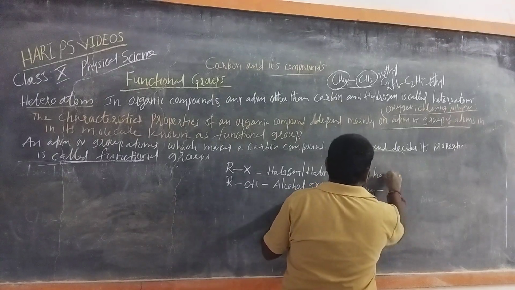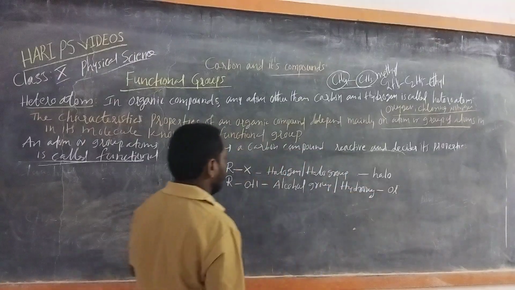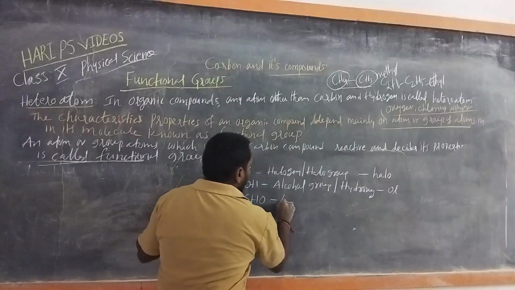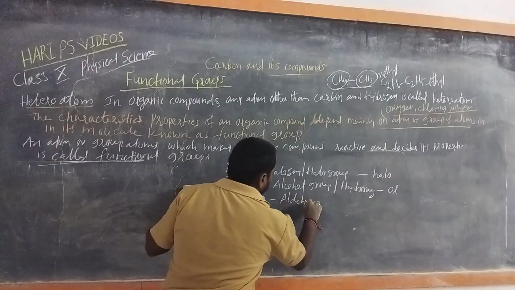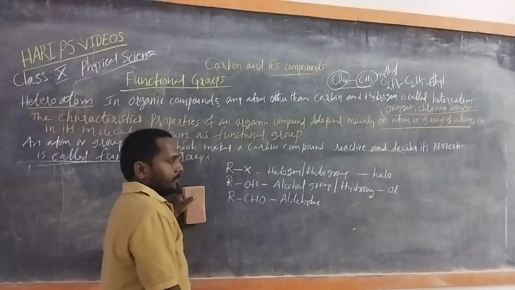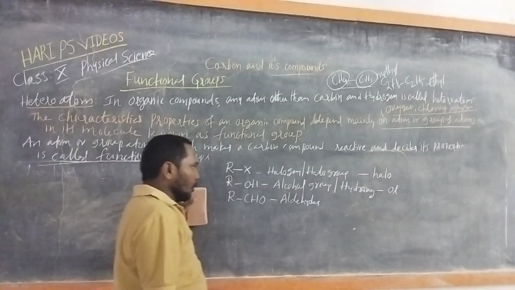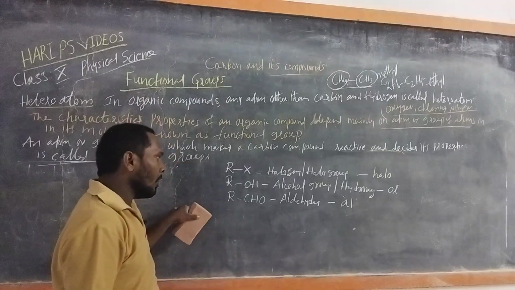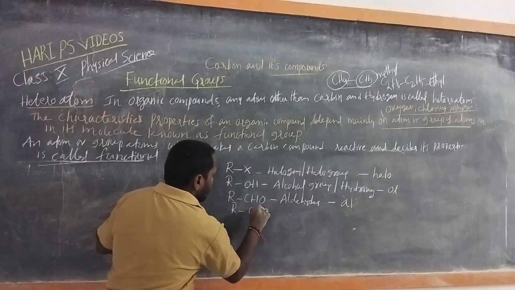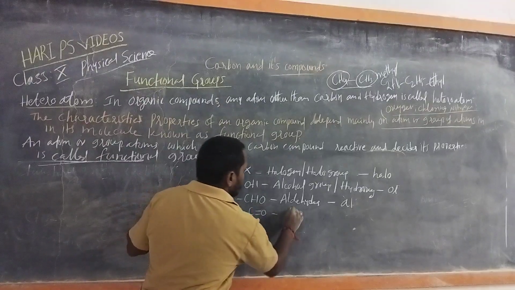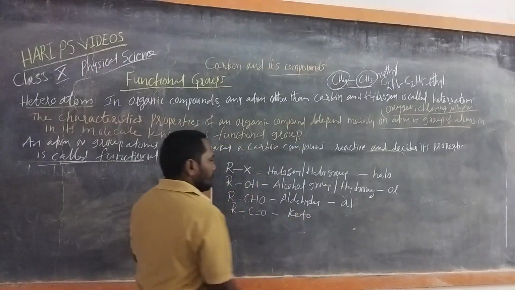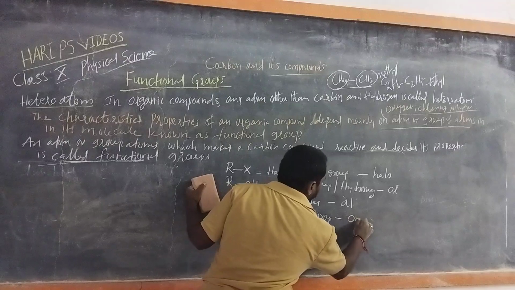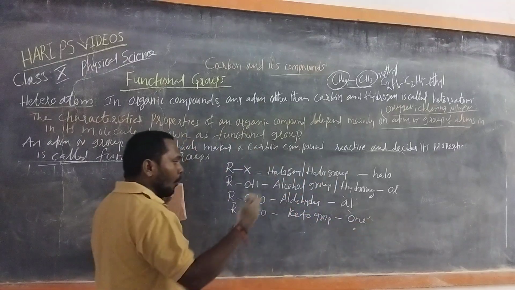This is halo. Then RCHO is the aldehyde group, which we can name as "-al". RC double bond O is the keto group, which we can name as "-one".